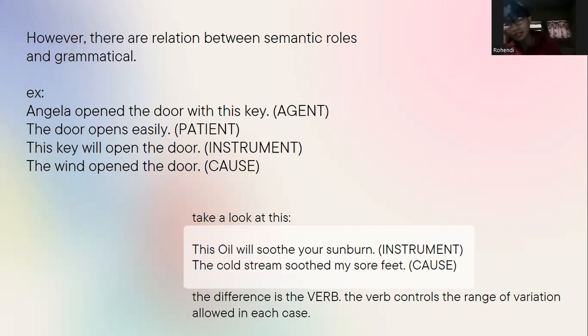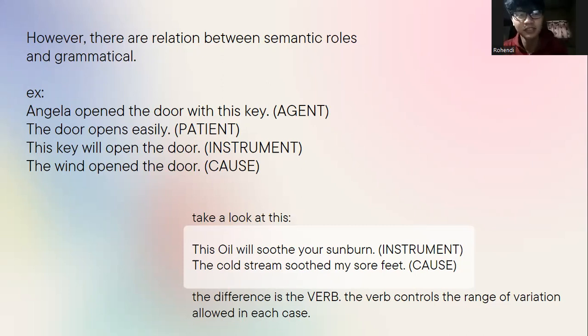Nah kalau sekarang kita lanjut, kita punya yang namanya verb open. Ya. So take a look. Angela opened the door with this key. It becomes an agent. The door opens easily. It becomes patient. This key will open the door. It becomes an instrument. The wind opened the door.